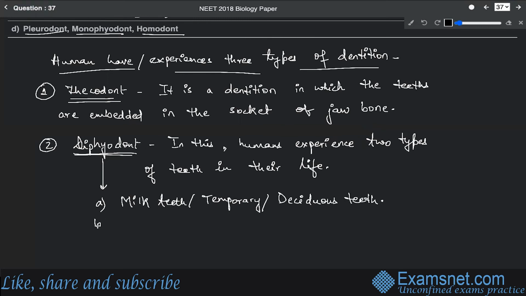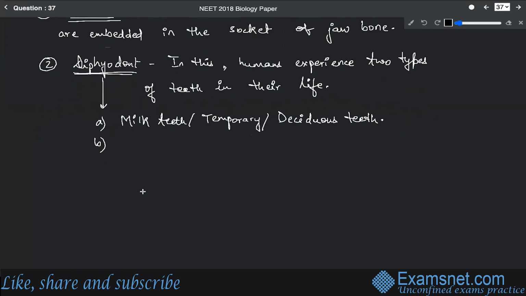And the other one is known as permanent or adult teeth, which grows after the milk teeth, the temporary teeth, are shed off. So the second one is permanent or adult teeth.